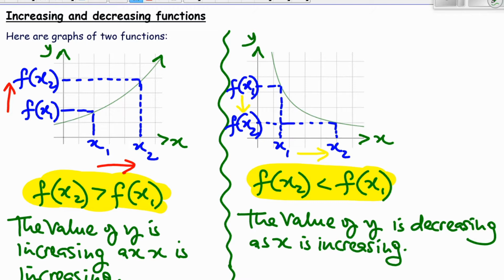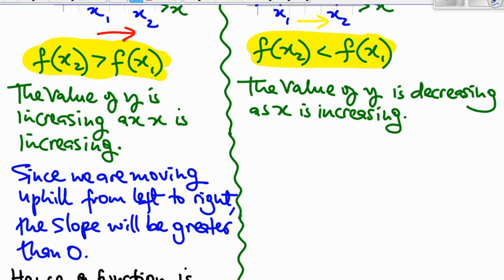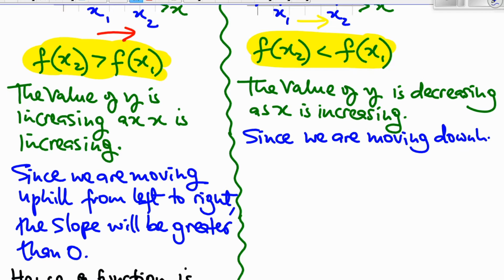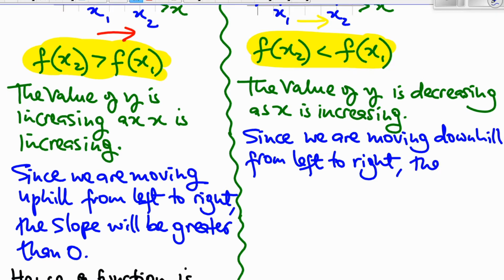So we can write that as an observation here again: since we are moving downhill, from left to right, the slope will be less than 0, which means that the function is decreasing.